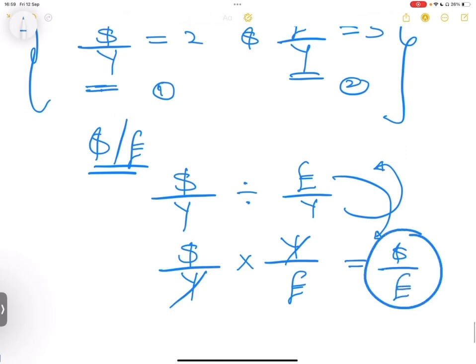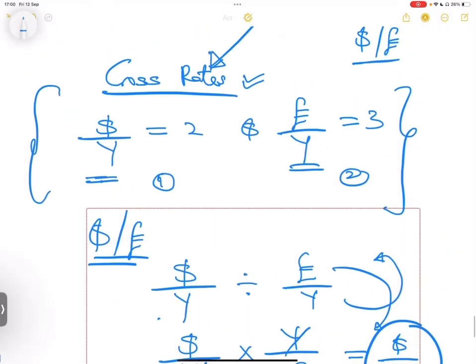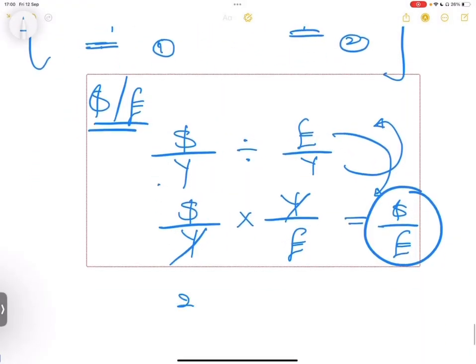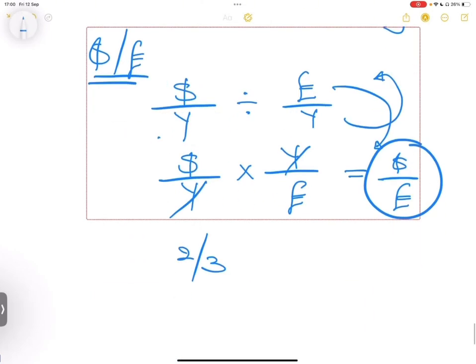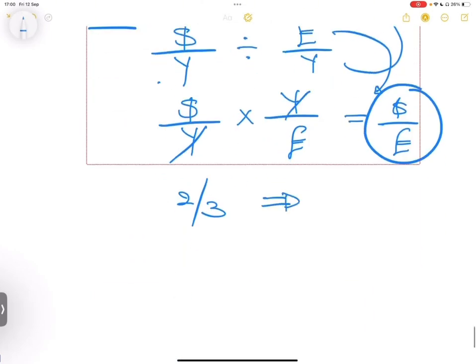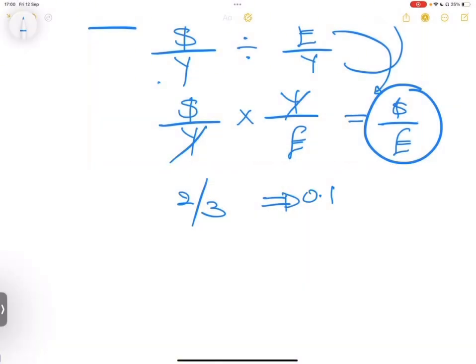So it means dividing equation 1 by equation 2 will give us the quote for dollar over pounds. Equation 1 is 2, and equation 2 is 3, so we get our dollar for pounds to be equal to 2 divided by 3, 0.6667 dollar.